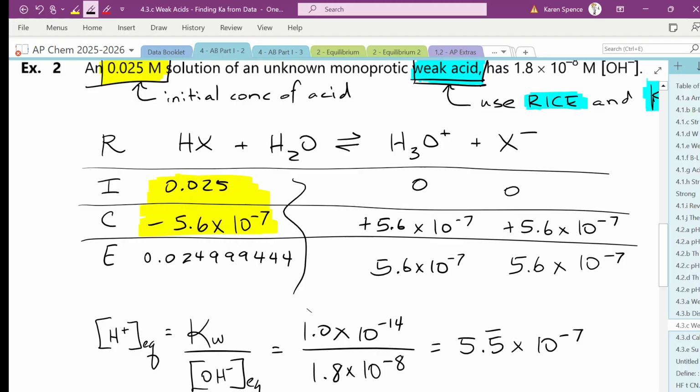No. So in this case, you can just round this to 0.025. And it turns out that this value was insignificant, but it won't always be insignificant. Sometimes it will, sometimes it won't. It's a known value, so you might as well throw it into your calculator and see what you get. Or at least you can look at the value and be like, 10 to the minus 7, that's so much smaller than 10 to the minus 3, which is my last digit in the 0.025. Yeah?